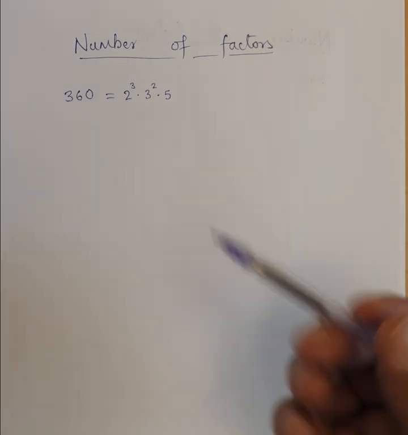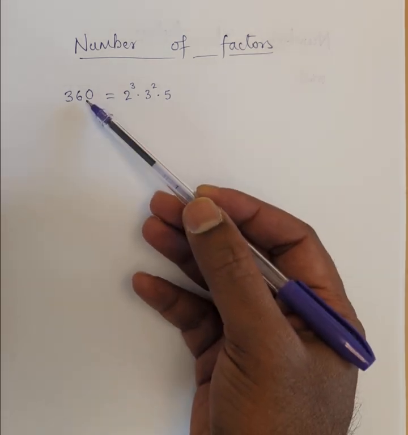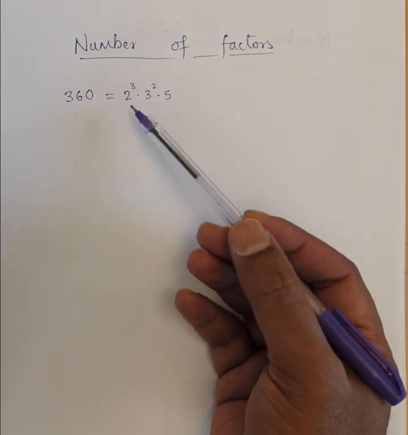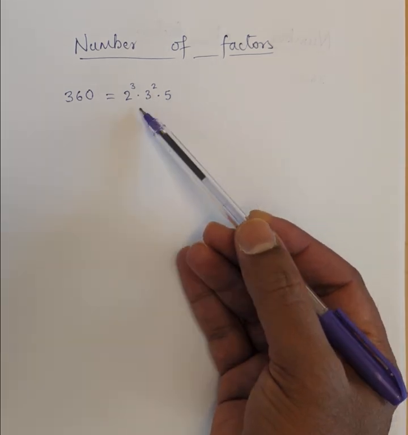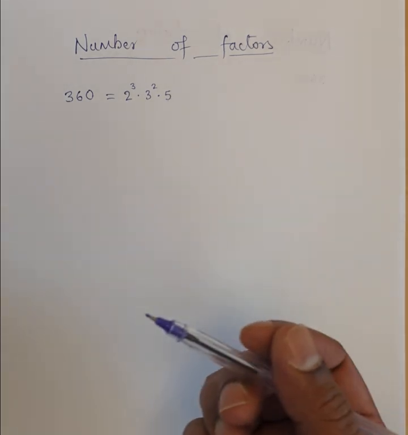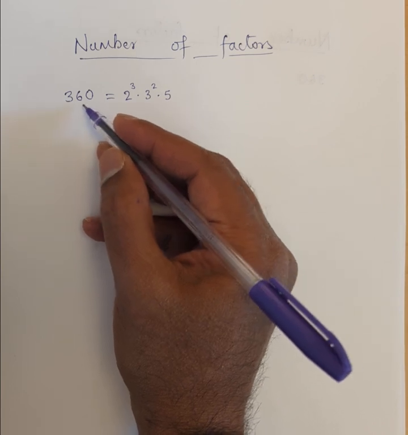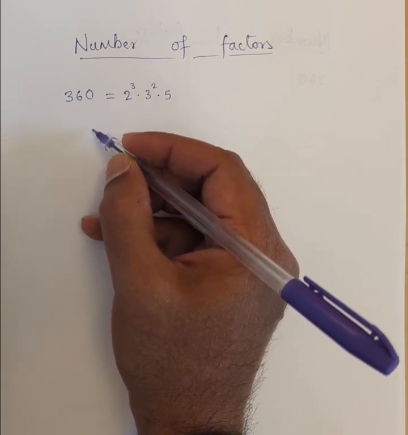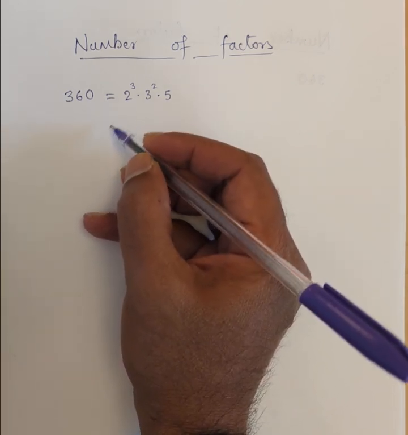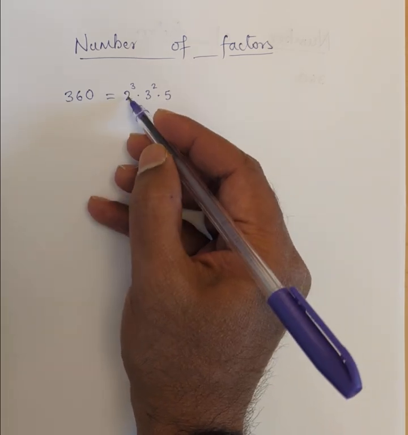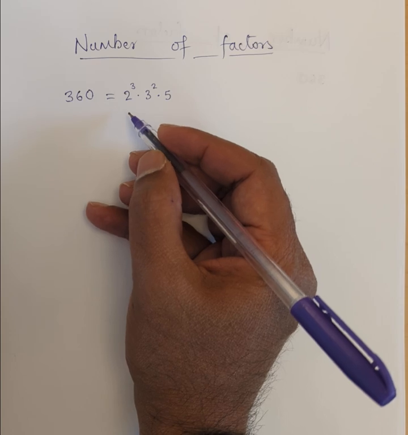Now, to find the number of factors of 360, notice any factor of 360 cannot have any prime factor other than these 3. And moreover, the prime factors' exponents are limited. So if n is a factor of 360, the exponents of 2, 3, or 5 cannot be any more than what you see here.